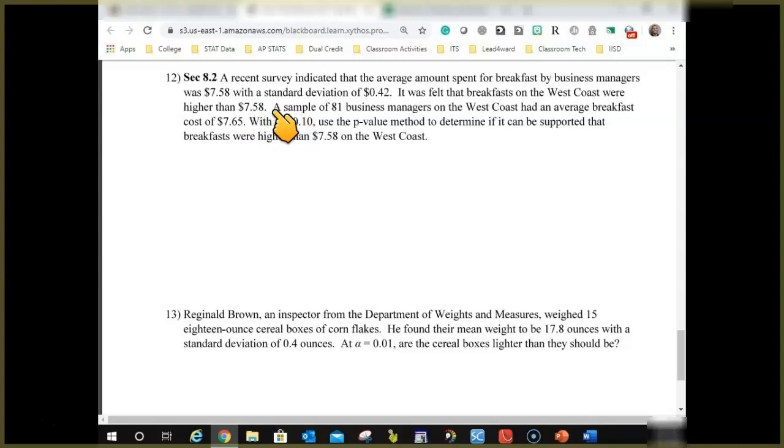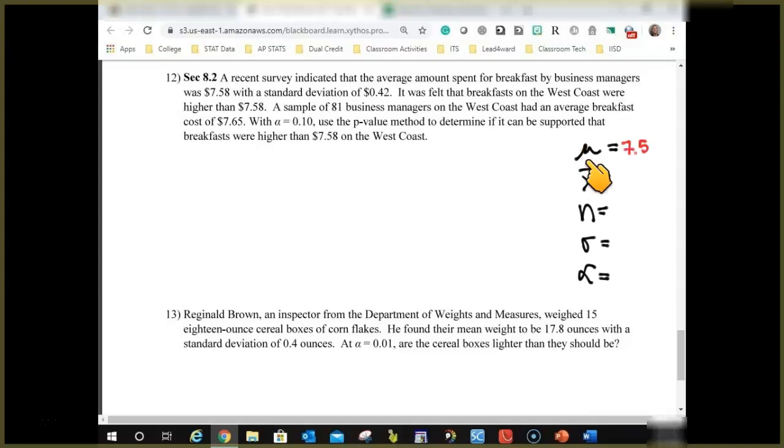A sample of 81 business managers on the West Coast had an average breakfast cost of $7.65 with alpha equals 0.10. Use the p-value method to determine if it can be supported that breakfasts were higher than $7.58 on the West Coast. So for that, we know that we need to identify these pieces of information.